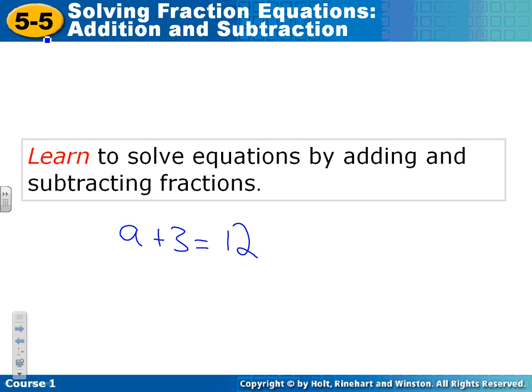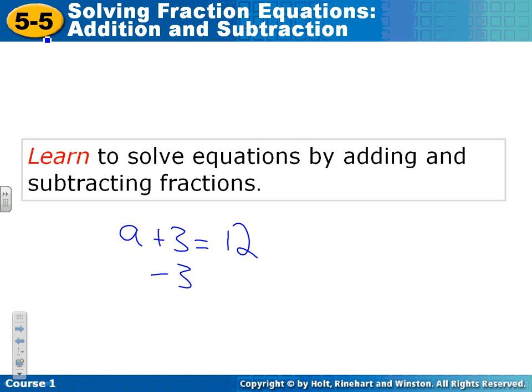And what is being done to the variable in this particular situation? It's being added by how much? 3. Rule number 2 is, actually, we'll finish rule number 1. Figure out what's being done to the variable and do the opposite. So we're adding 3 to a. The exact opposite is minus 3.